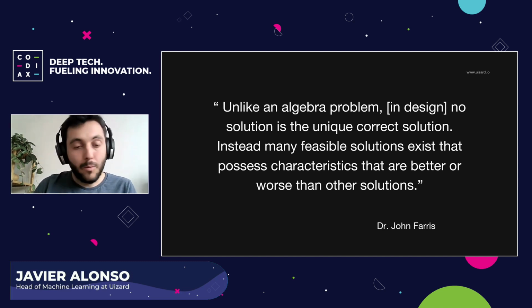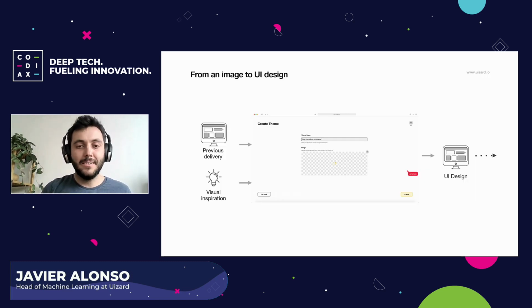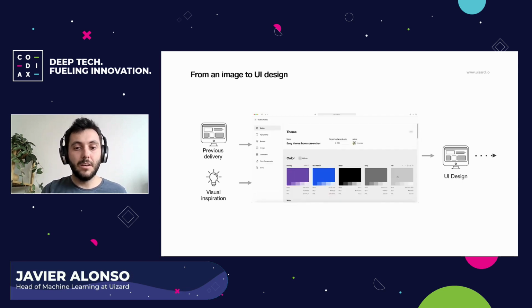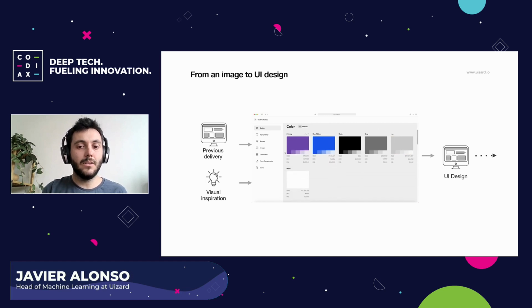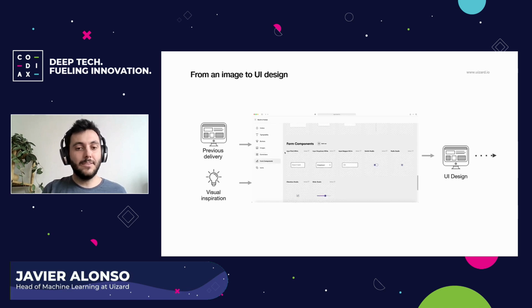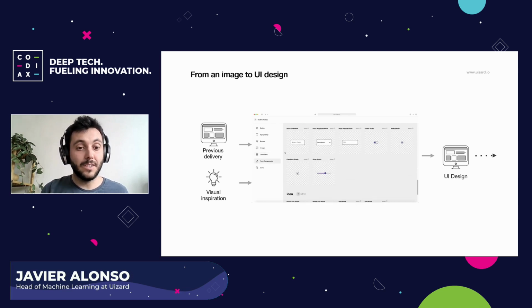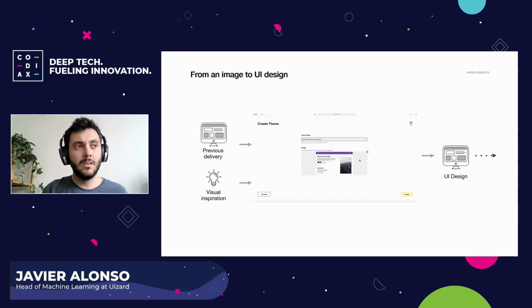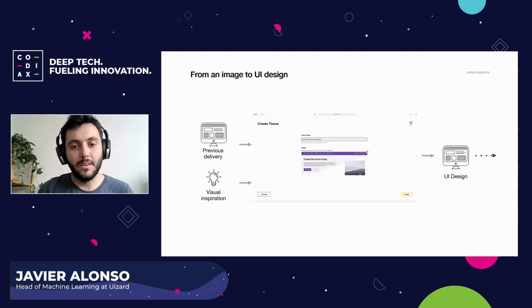But yeah, we went through all of this, worked through all of these problems, and at the end of the day, we ended up with a really cool solution where anyone can just drag and drop any sort of image, and they will automatically get the UI design for it. And this is very nice, not only for non-designers, our main target group, but even designers struggle with it.